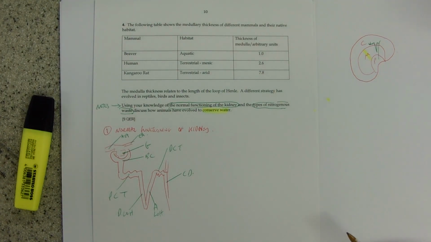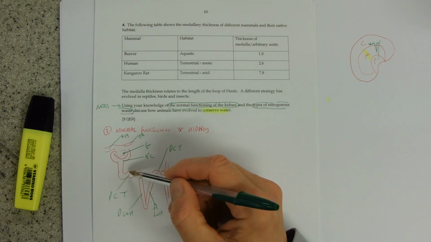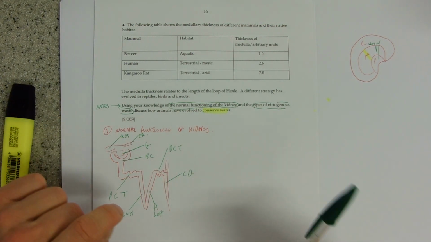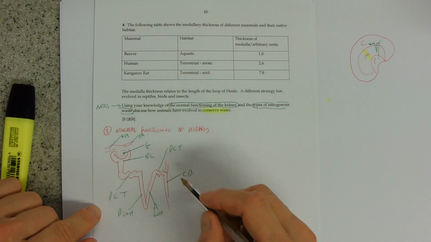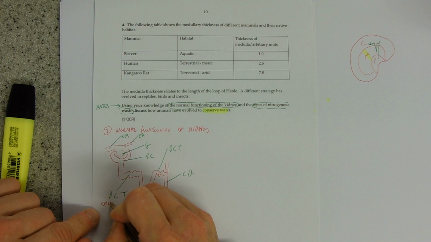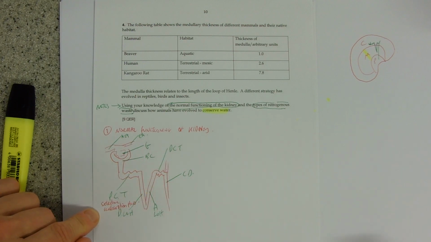So you could give a brief description of ultrafiltration, and you can talk about selective reabsorption here, because that's to do with water. So in the proximal convoluted tubule, you could talk about selective reabsorption of water.